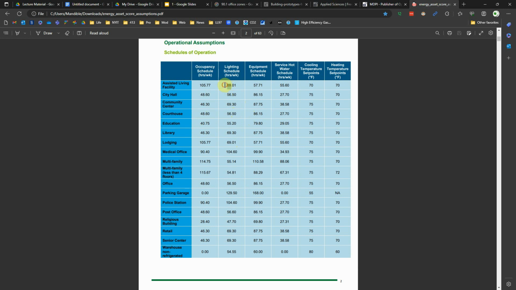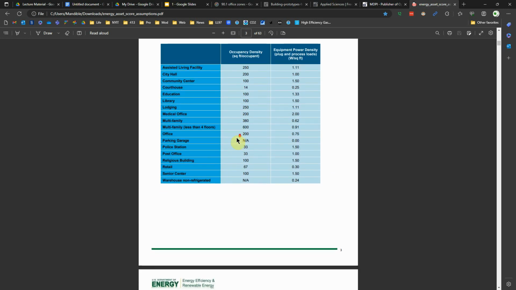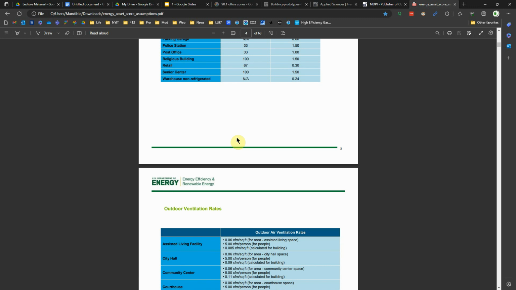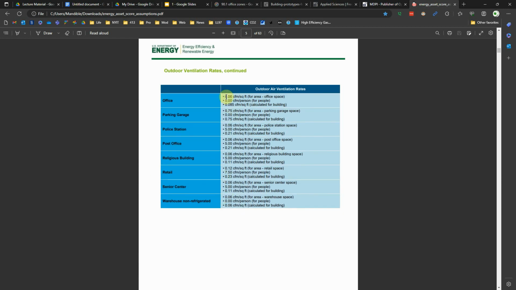This is the hours per week, and then I figured out what that would be and made schedules. Actually, no, the schedules that were in there under the DOE match those. I checked it. But here are the fresh air rates for office: 0.06 CFM per square foot, or 5 CFM per person. So that is what I used.